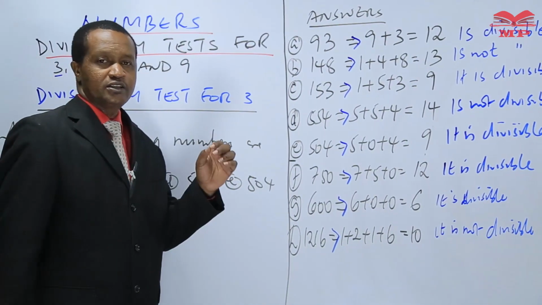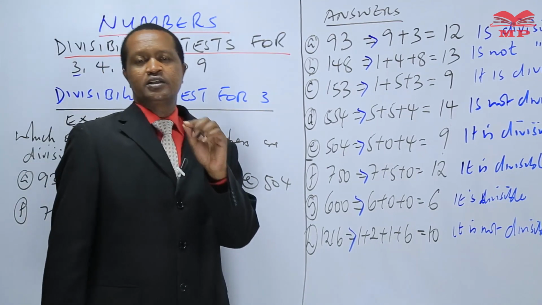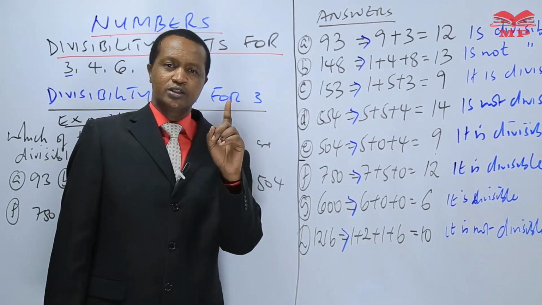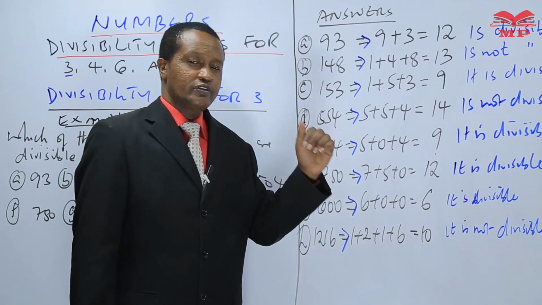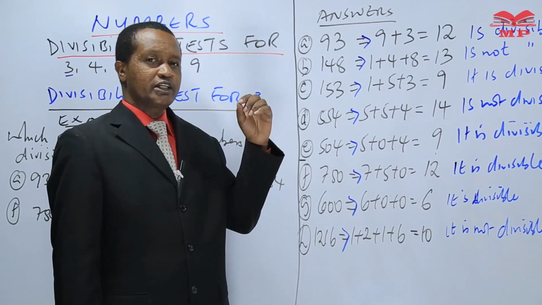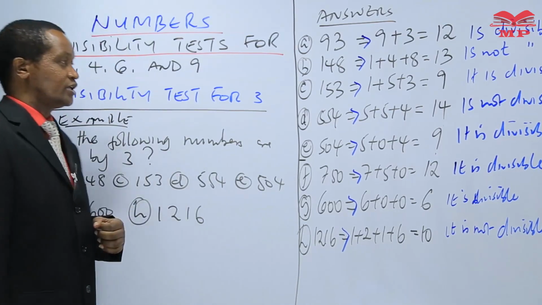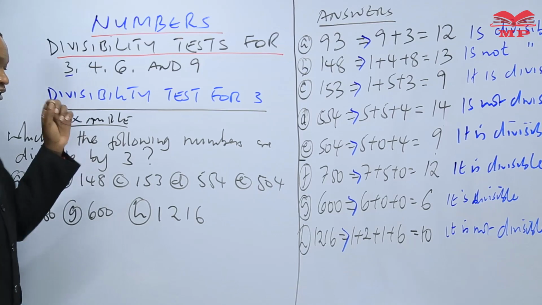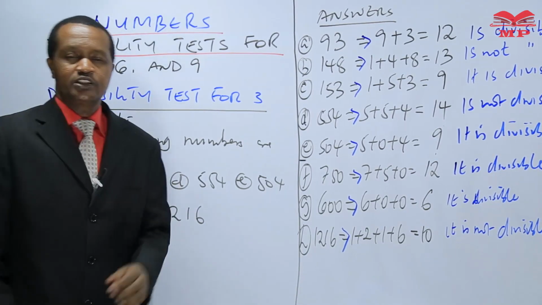We have learned that if you want to find out if a number is divisible by 3, number 1, you get the sum of the digits of that number. Then you check if that sum is divisible by 3. In other words, a number is divisible by 3 if the sum of its digits is divisible by 3.